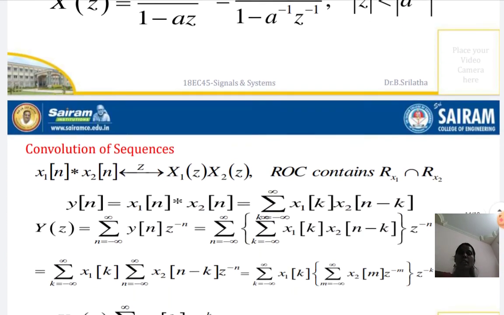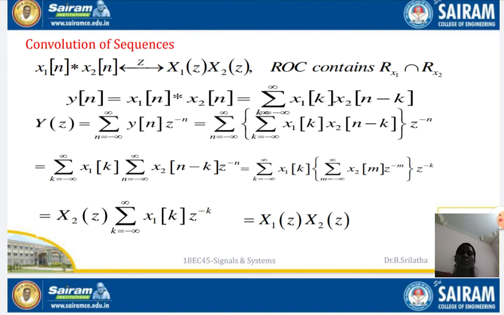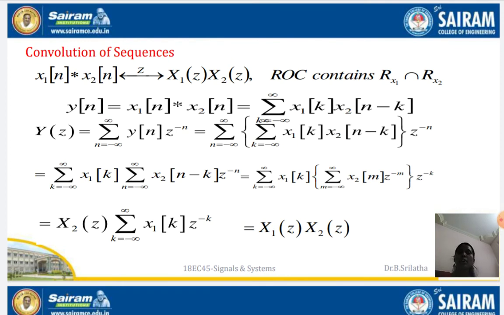Now we'll go to the next property, the convolution property. Let us consider the statement: x1 of n and x2 of n are two signals.